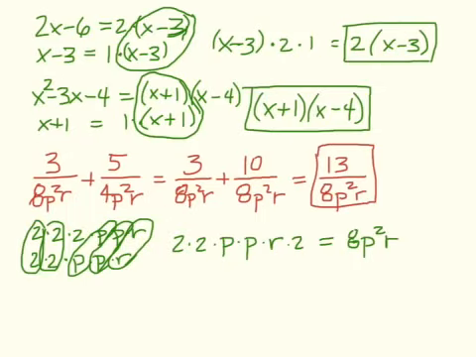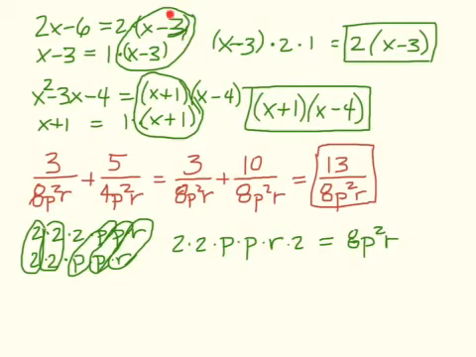Here are some more examples using rational types of things. If I want to find the least common multiple of 2x minus 6 and x minus 3, the first thing I do is factor. Both of these terms in the first expression have a 2 in them, so I factor that out, which leaves me with x minus 3. X minus 3 is, if you will, just 1 times x minus 3.